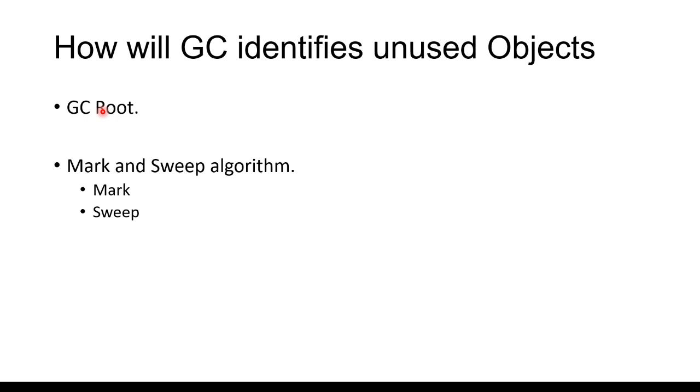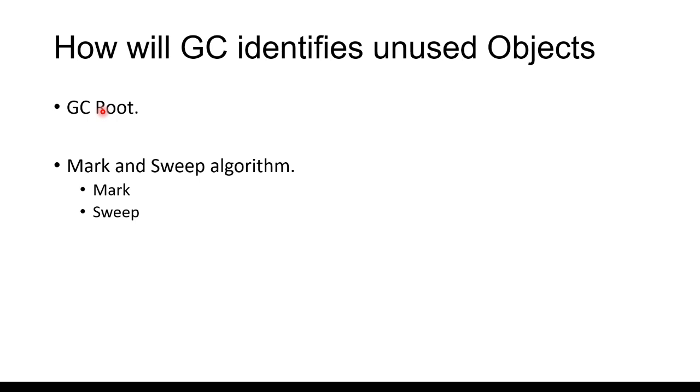So it will identify whether the object is reachable or not. What the garbage collector does is traverse through all the objects from the GC root, and if an object is reachable through the GC root, then that object is considered a live object, meaning it is used somewhere in the code.